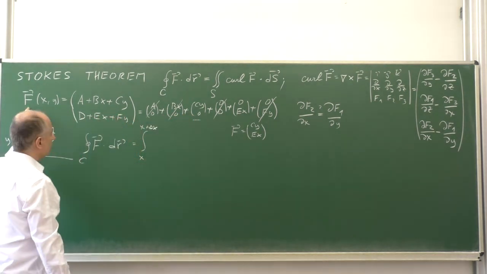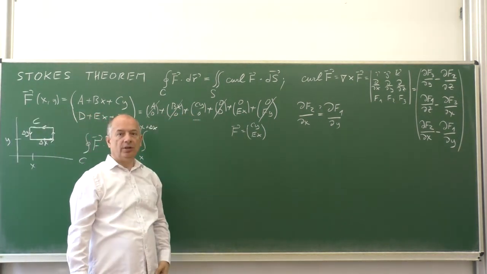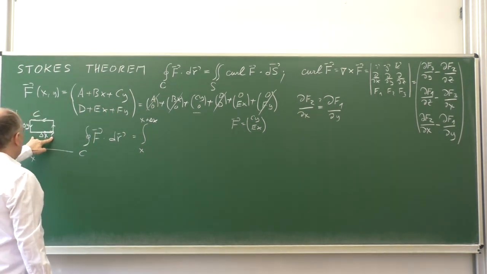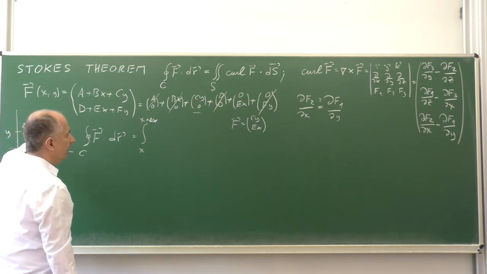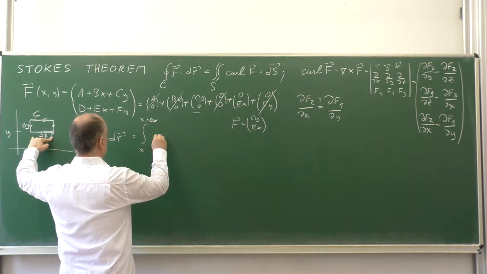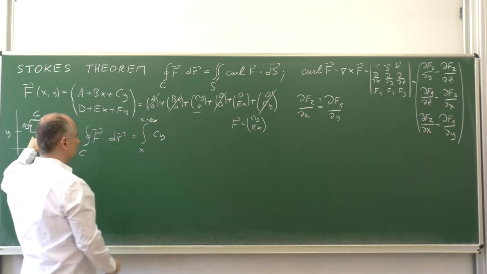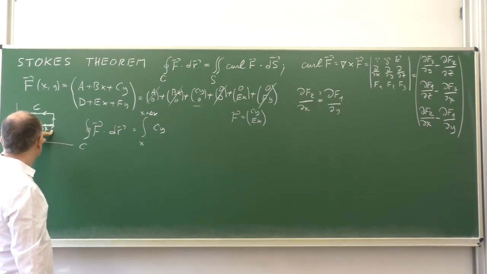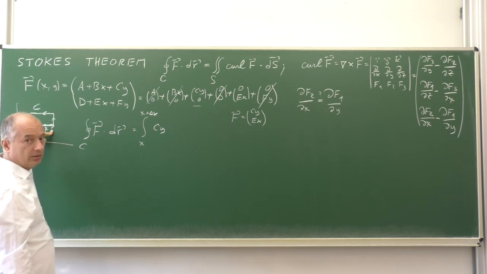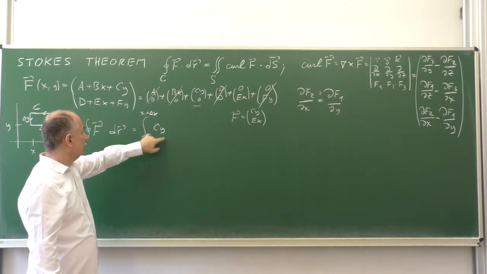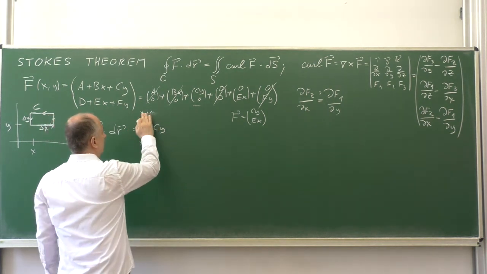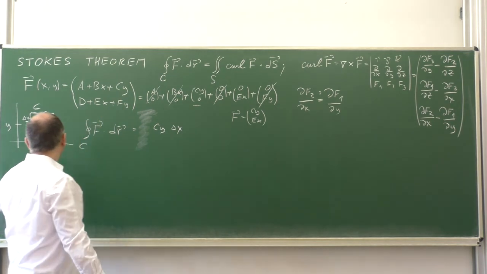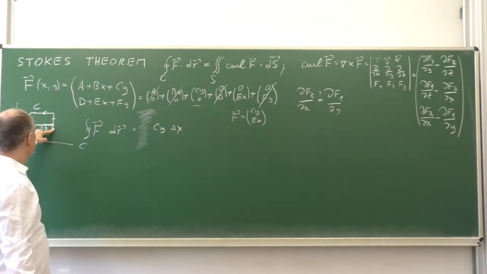So instead of this, we will integrate this because this gives the same result. So f1 is cy, which is constant along this line, and integrating a constant is equal to the constant times the difference of the limits. So if we multiply by dx, we have the integral over this line.